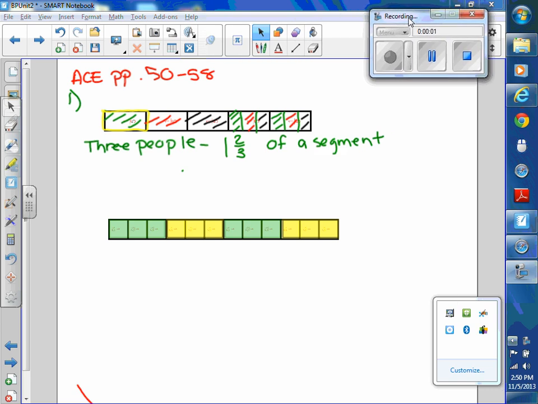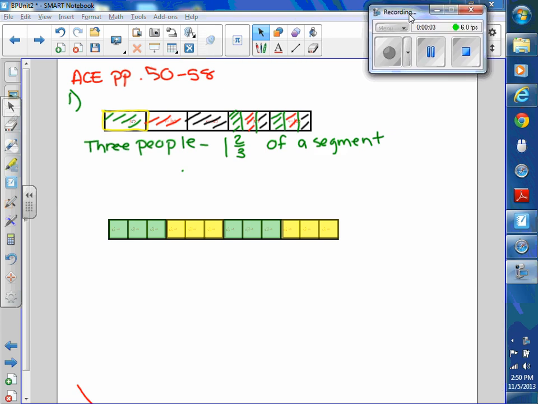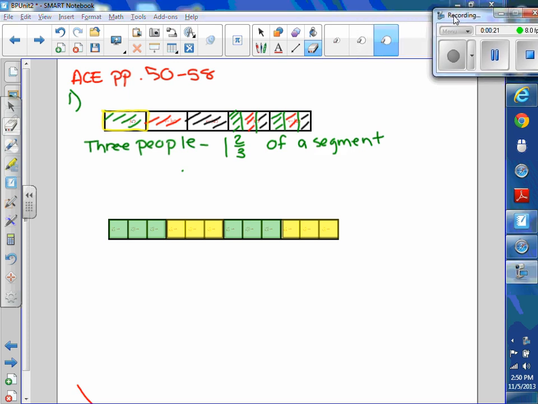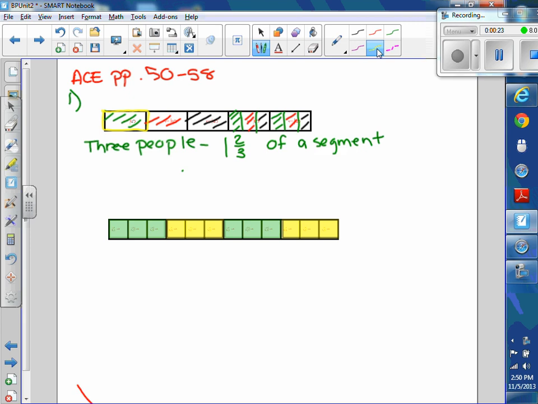Looking at pages 50 to 58 and the mistakes people made on number 1, right? So you can share this with your parents. The question wasn't what fraction of the whole you were trying to figure out, but if 3 people are sharing this 5-segment gummy worm, here are the 5 segments.